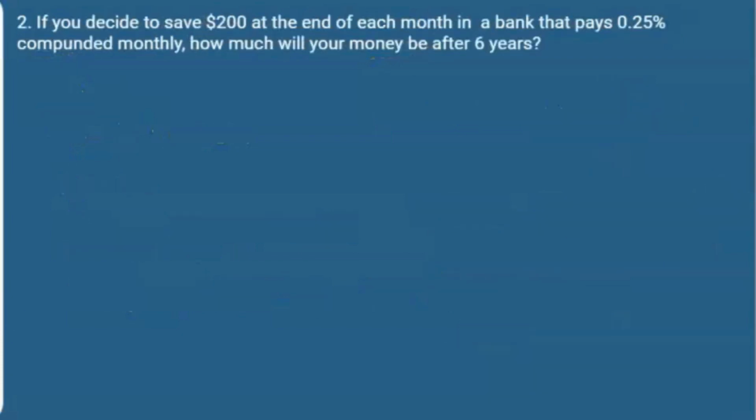Okay, next. Number 2: if you decide to save $200 at the end of each month in a bank that pays 0.25% compounded monthly, how much will your money be after 6 years? After 6 years, again they're asking for the future value. And this is again a simple annuity because the interest rate is compounded monthly and you're saving 200 each month.